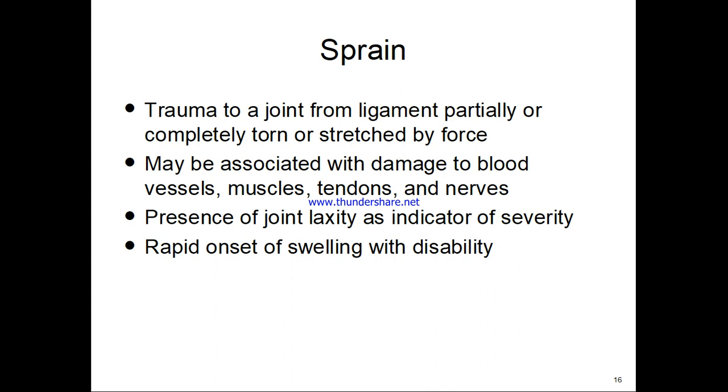Sprains usually involve a rapid onset of swelling, along with disability or decreased ability to use the affected joint. There are times, frequently, when a sprain actually on the outside looks worse than a fracture.